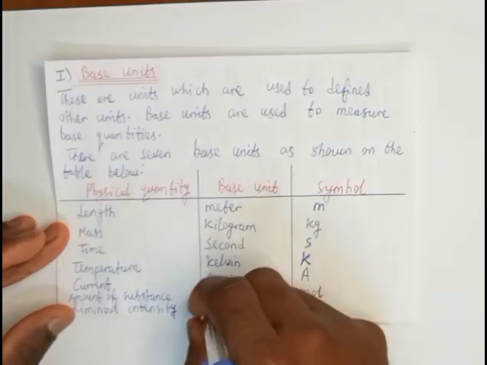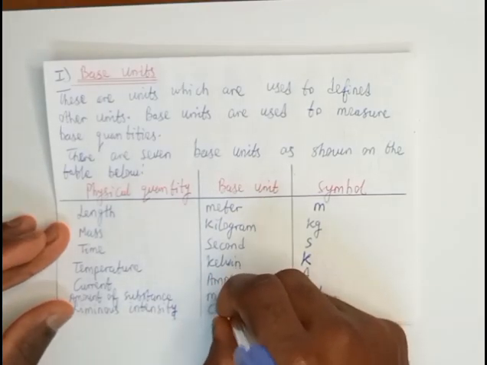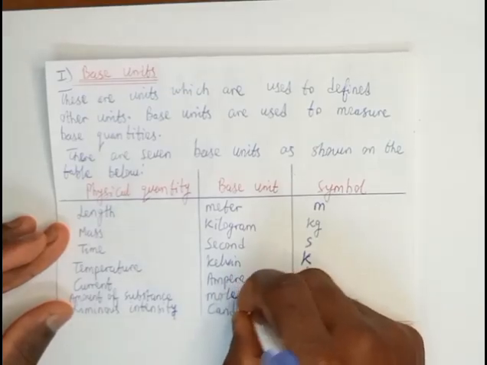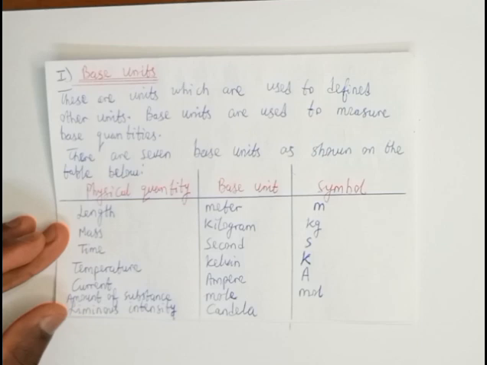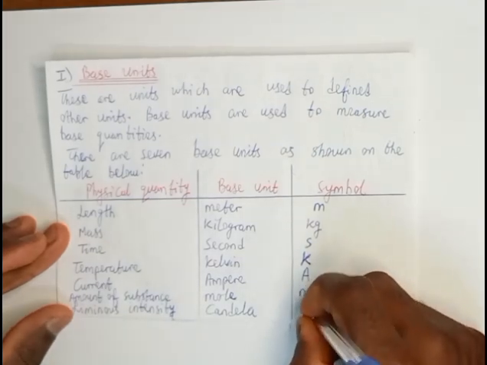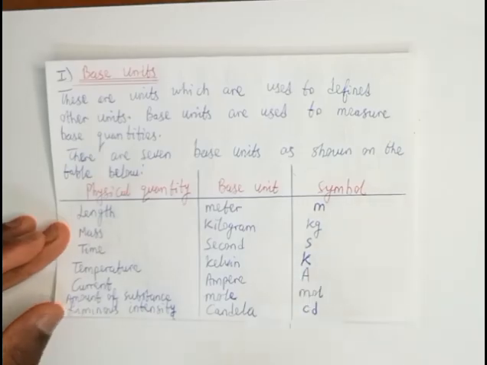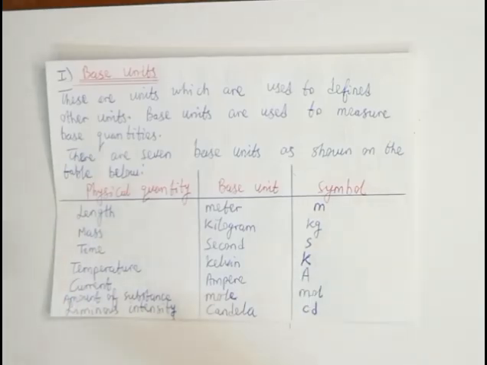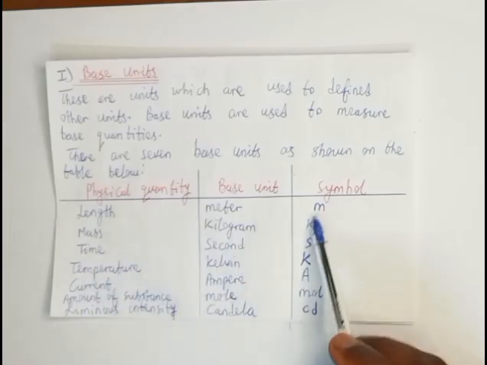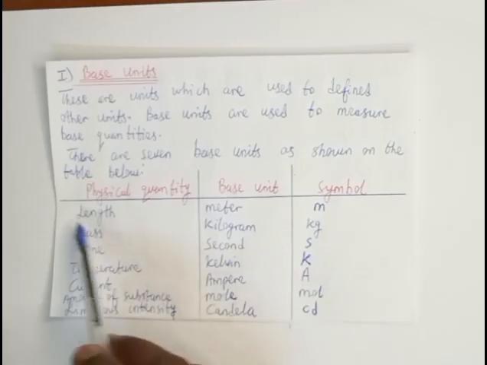It has a base unit the candela, which has symbol cd like this. You can see these are the 7 base units, we take note of their symbols and the physical quantities.